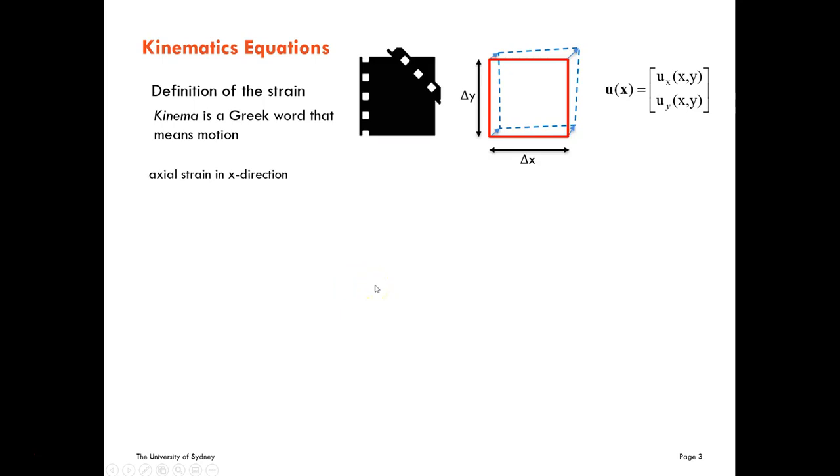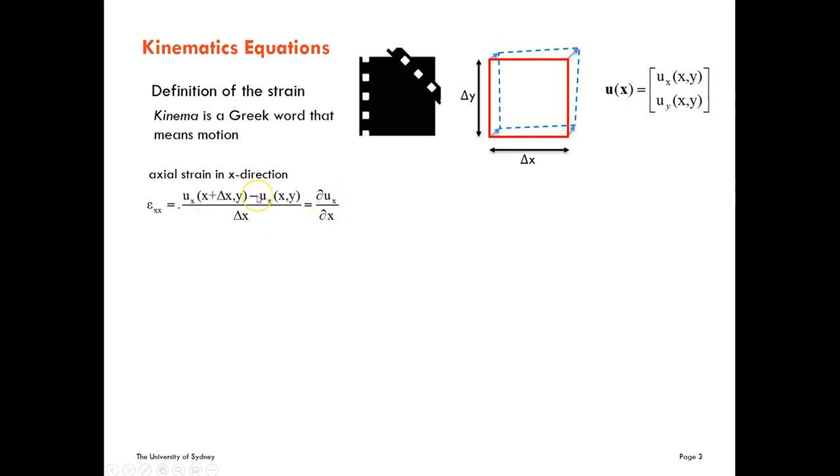So the axial strain in the X direction can be defined by these equations that correspond to the partial derivative of the X displacement with respect to X.